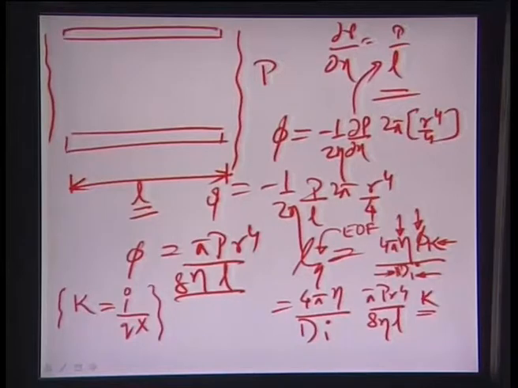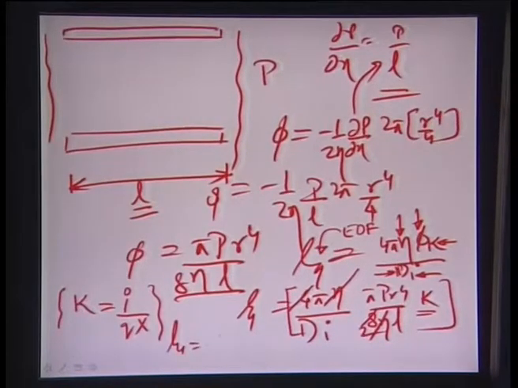One thing very important and critical to mention here is that zeta is equal to this particular term, 4 pi eta d I times pi P r^4 divided by 8 eta L times k. So, here we can find a tentative relationship between zeta and the pressure.